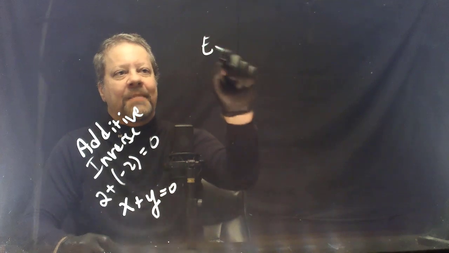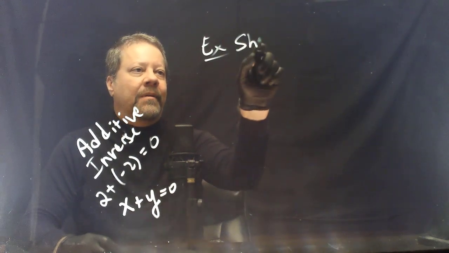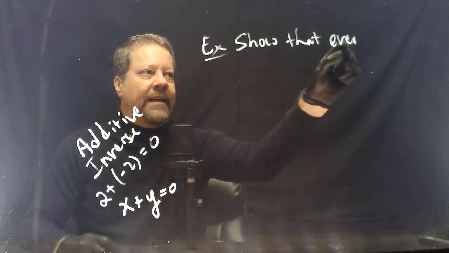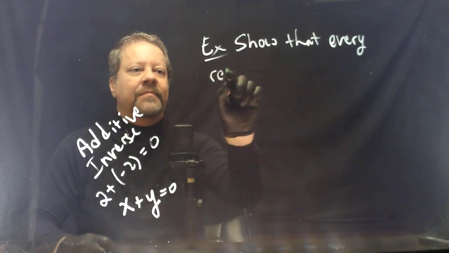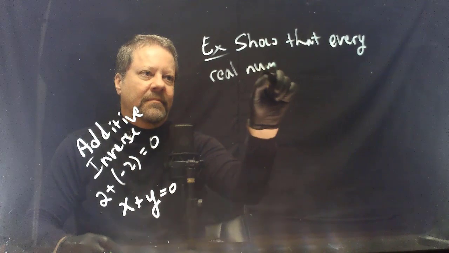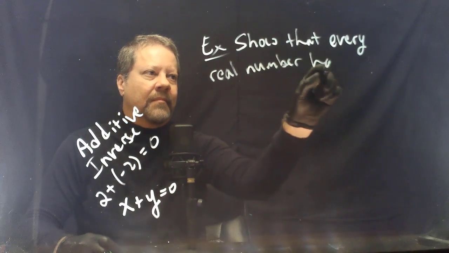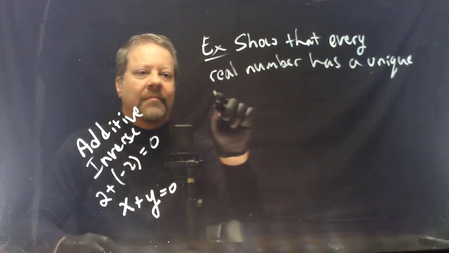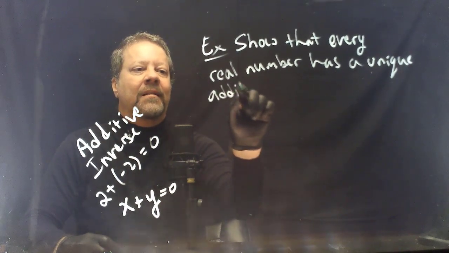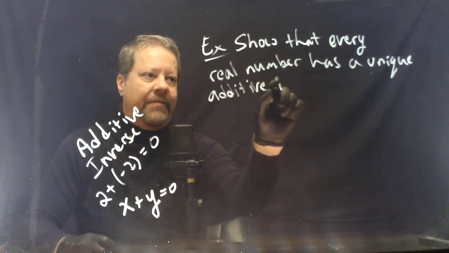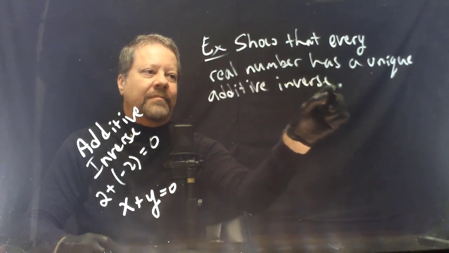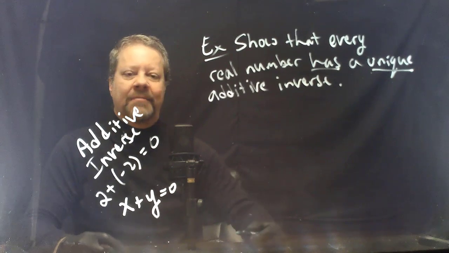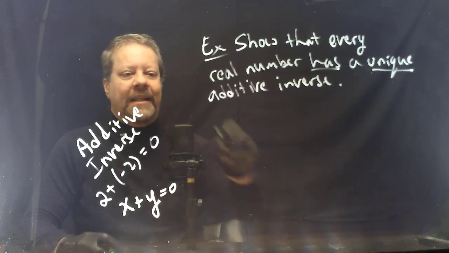In our next example, we're going to show that every real number has a unique additive inverse. So we have existence and uniqueness.